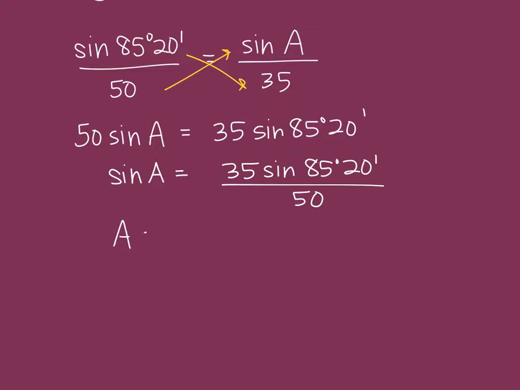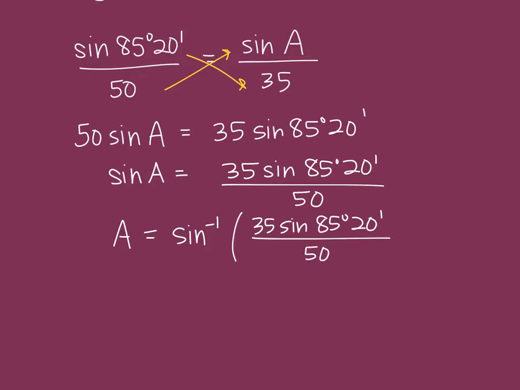And so A by itself, now when you use inverse, make sure you put parentheses around the whole big thing. Parentheses around 35 sine 85 degrees, 20 minutes, all over 50, and then close your parentheses. Okay, the calculator needs you to put those parentheses in. If you fail, I think it'll even prompt you with the parentheses. Okay, this works out in DMS mode to be 44 degrees, 14 minutes, and 28 seconds.